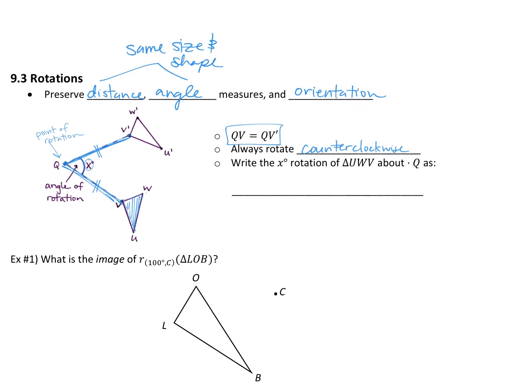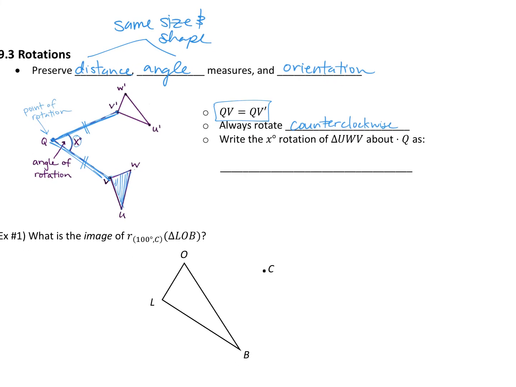And then we will write the X degree rotation, so however far we're rotating of the triangle about point Q, like this. Here's your notation or your rule. Remember, we've been kind of calling this the rule. We're going to say it's a lowercase r, which matters. Why can't we call it a capital R? That's a reflection, right? We did those already. Now this is a lowercase r for rotation, okay? And then what you do is you rotate it X degrees. So that's going to be your subscript, X degrees. And then you do comma, and then it's the point that you're rotating around.